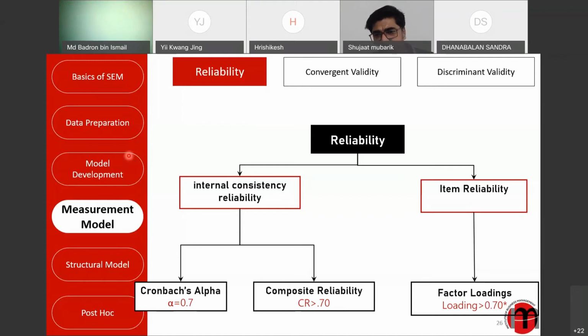We can move on. For item reliability, I told you that the factor loading's ideal value is 0.7, but even if it is up to 0.4 and our average variance extracted value is greater than 0.5, it is acceptable.